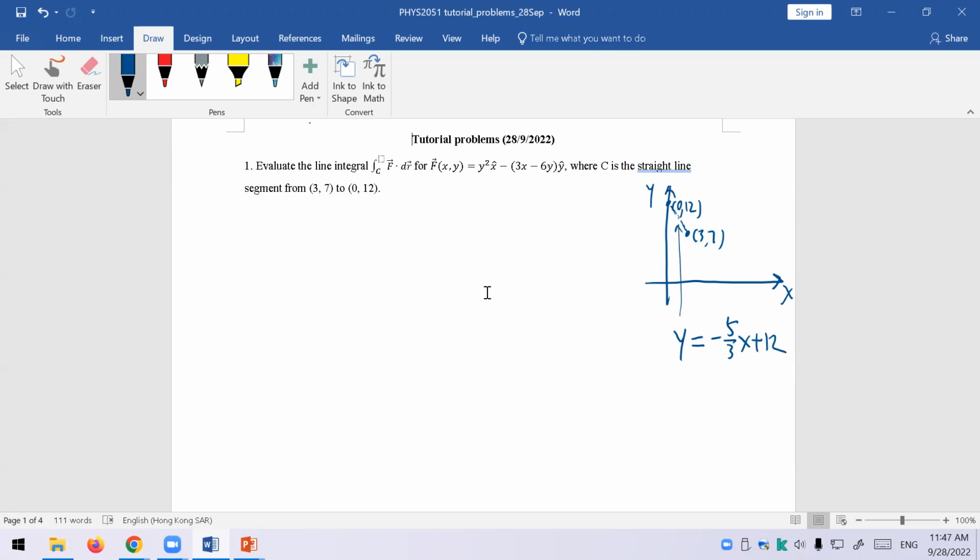Then parameterization. R as a function of t is x of t, x hat plus y of t, y hat. Again, I simply put x as a function of t to be t, and then y to be minus 3 divided by 3x, which means minus 3 divided by 3t plus 12.